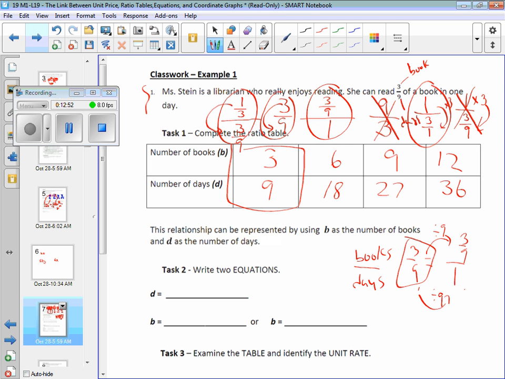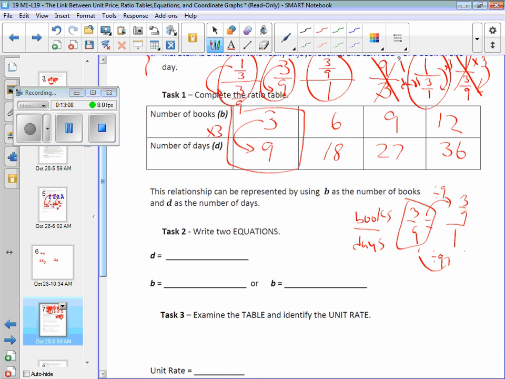No matter what, our multiplicative structure is what? What are we multiplying by? No matter what ratio we use. 3. Times 3. Which comes into play when we create our equation. D equals, and let's see if you can write the equation algebraically. Forget the dot at this point. D equals what?